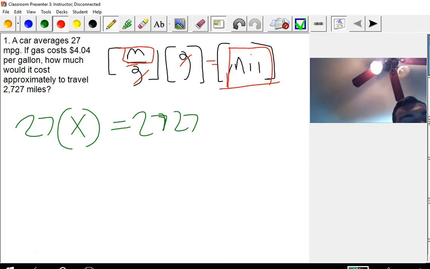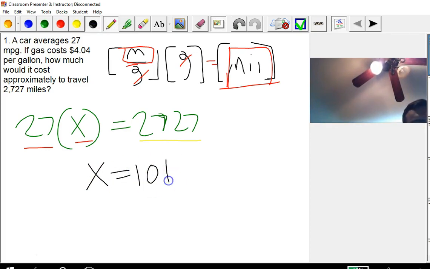I have the miles per gallon here, the gallons, and then the miles. If we just divide it out, x is equal to 101 gallons.